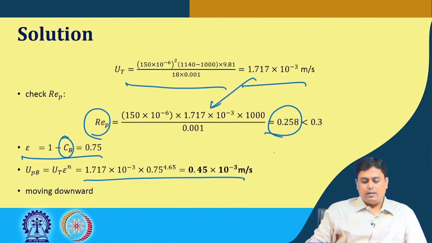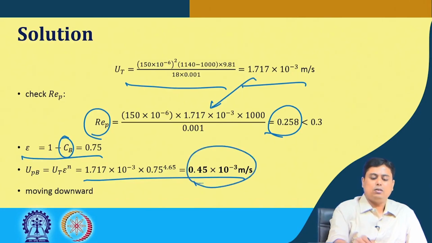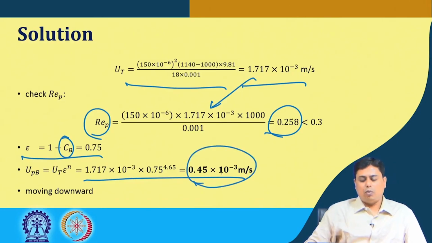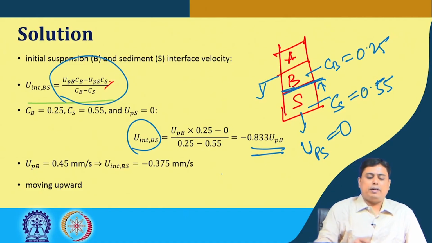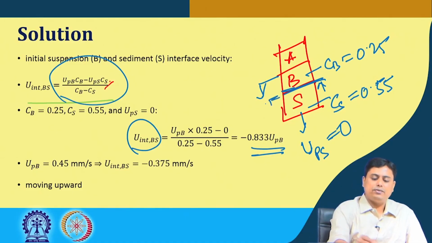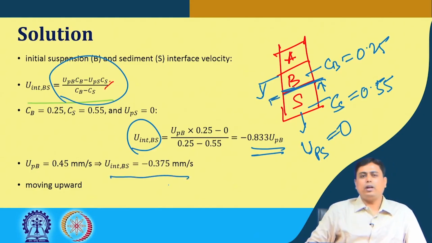Okay. And this UPB we just found out, 0.45 × 10^-3 meter per second, which is 0.45 millimeter per second. That means our interface, this BS interface, is moving at a rate of 0.375 millimeter per second.